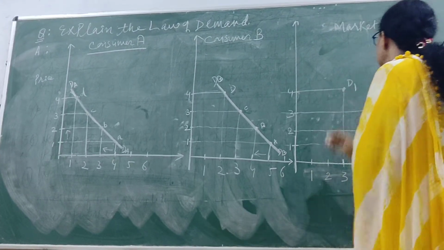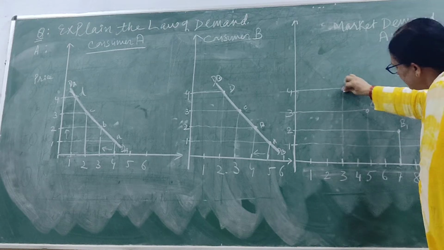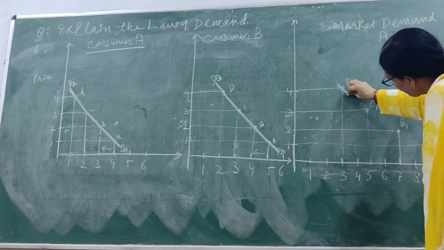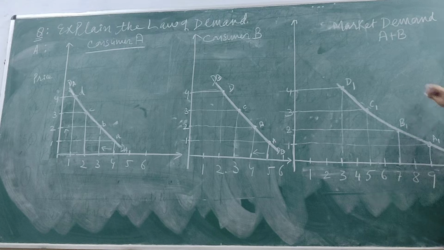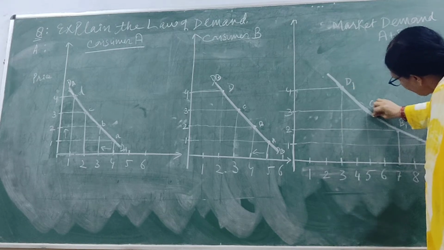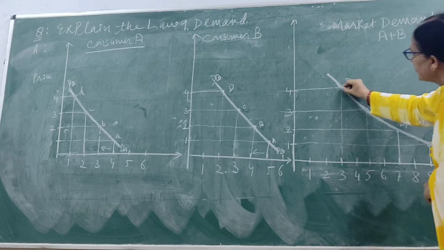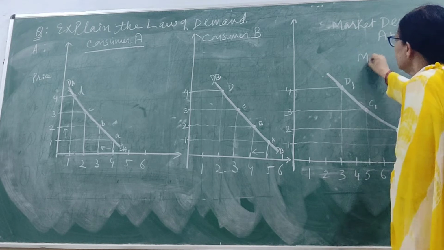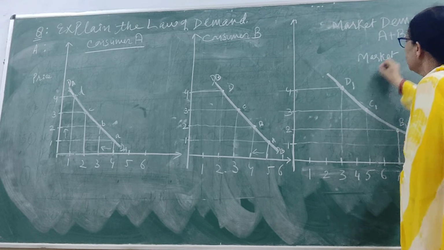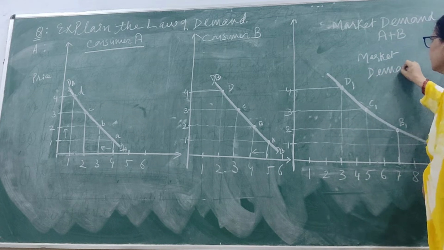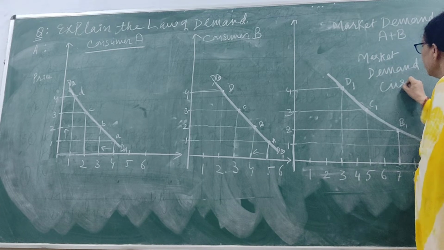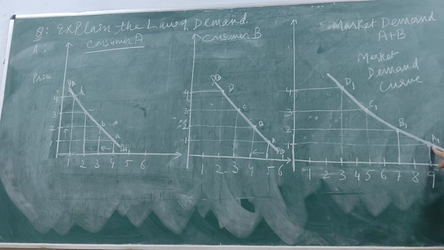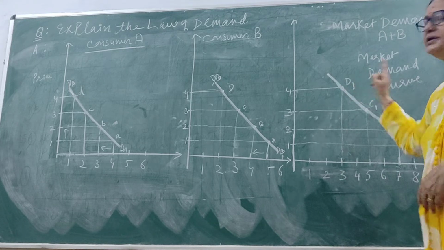So this is D1. So you find the market demand curve by joining points A1, B1, C1 and D1.